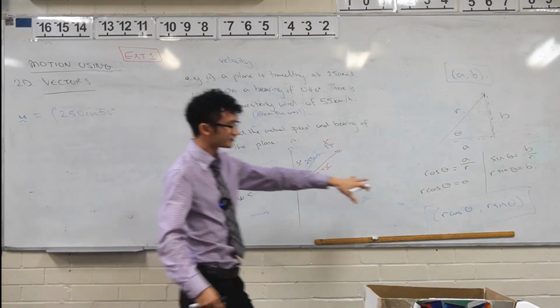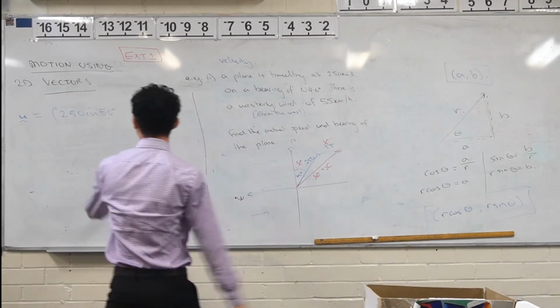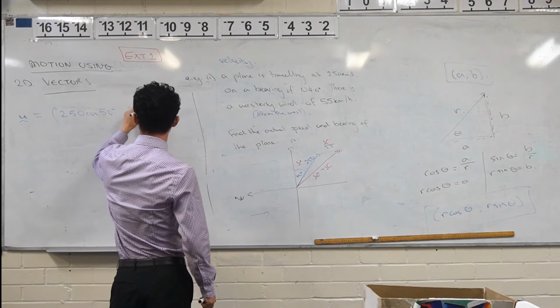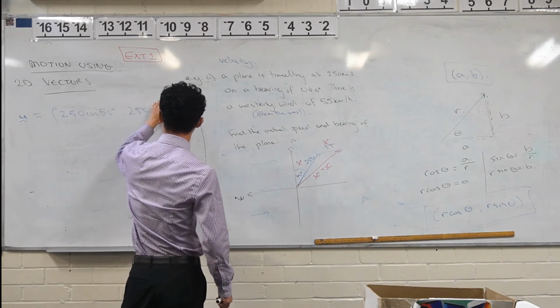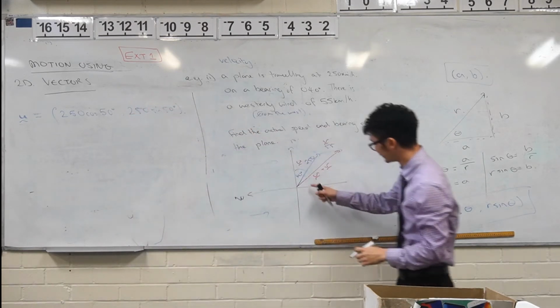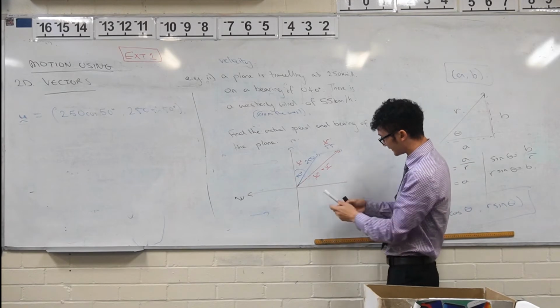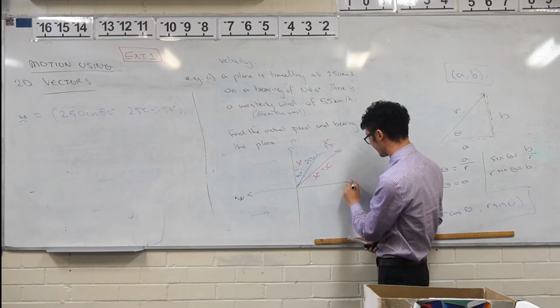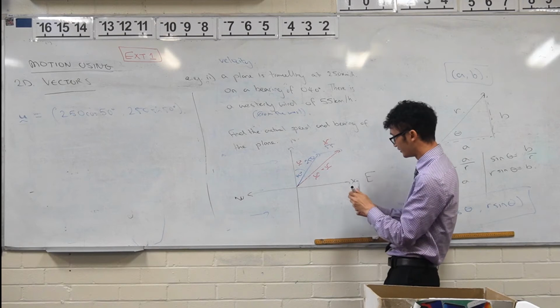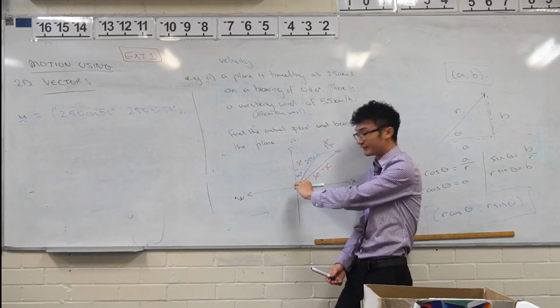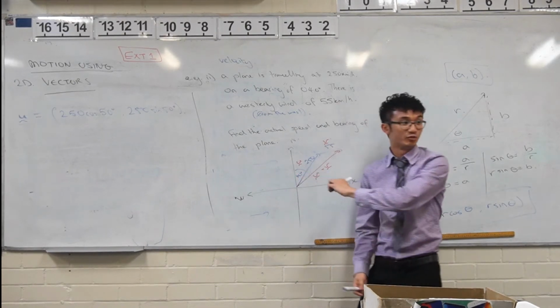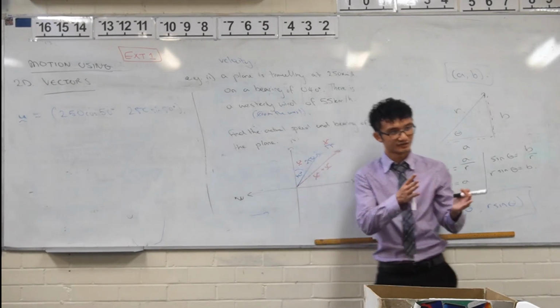And then what's its y component? The 250 sine 50 degrees, right? So just to clarify again, why is this one 50? Because if you're looking at the positive angle from the x-axis over here, which is also east, right? The direction of the vector is the 50 degrees measured in a positive direction. Yeah, is that clear? Right?